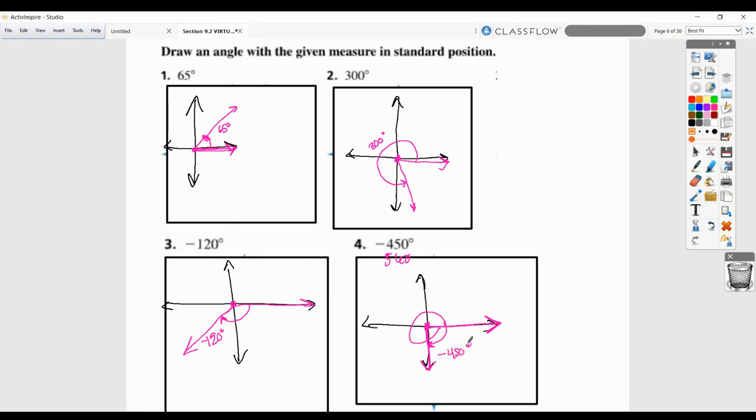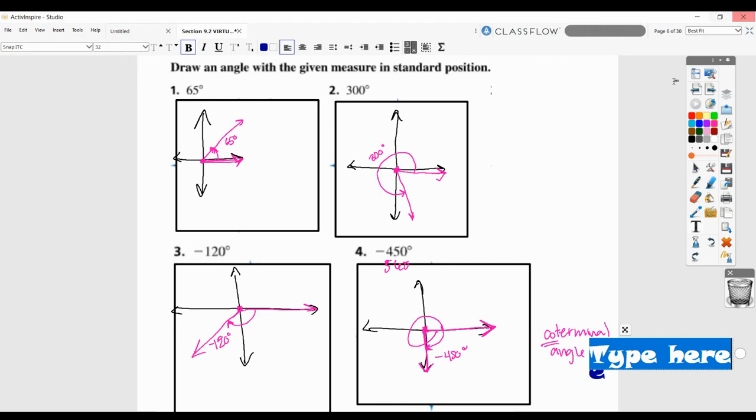Now, something cool there is if you notice this terminal side, which remember, terminal means where does it end? It's your initial side. It went around, and then it ended here. There's something called, and I'm going to get to this in the next page, a coterminal angle. A coterminal means that it ends up at the same spot.